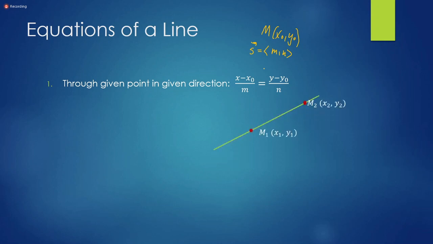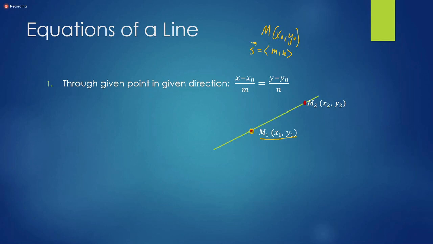Now, let's suppose we have two points. Instead of the direction vector, we have two points on this line. No direction, but two points. So what can happen here? Evidently we could take x1 instead of x0 and y1 instead of y0, so we take this point as the point that we know.